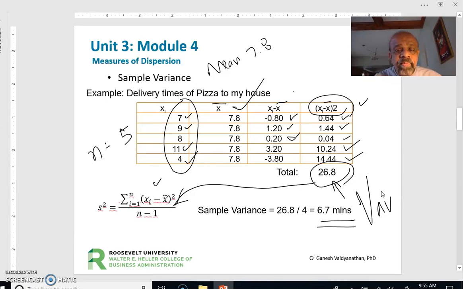You total them, and then you take the total divided by n, which is the number of times, minus 1. That gives you the sample variance. So this is how you find the sample variance. When I give you some data like this, usually it is the sample variance.